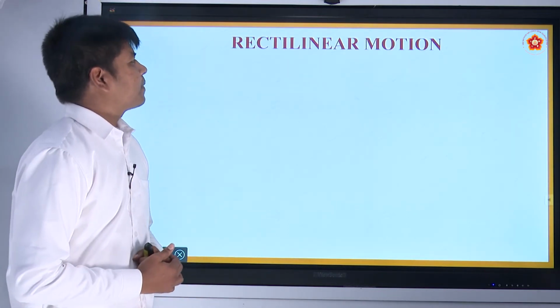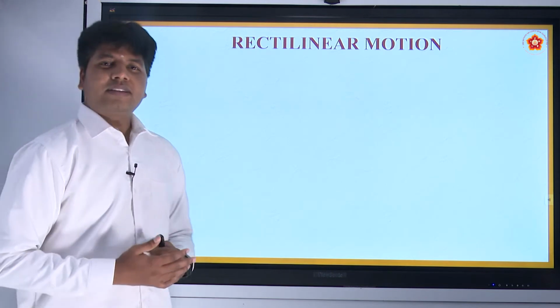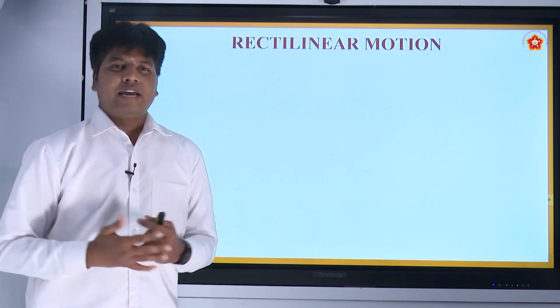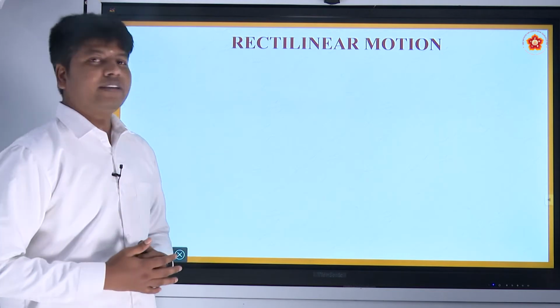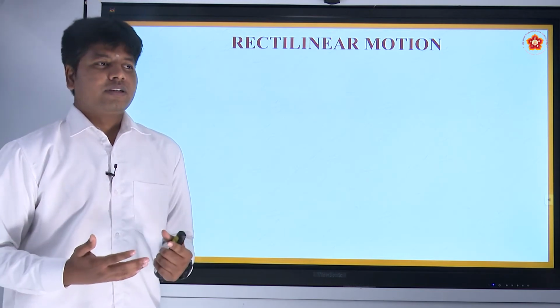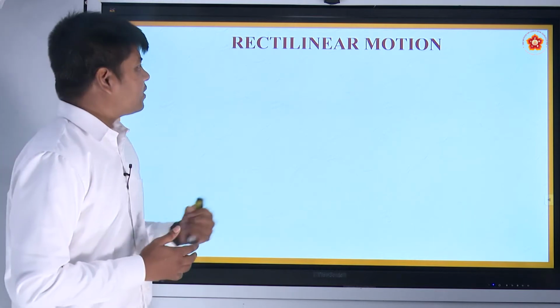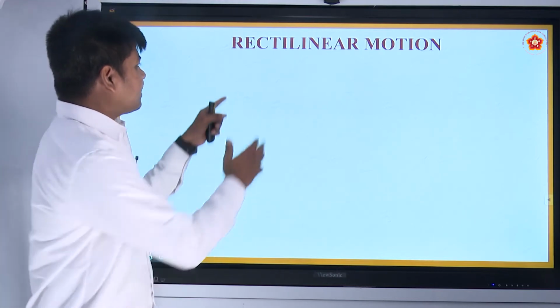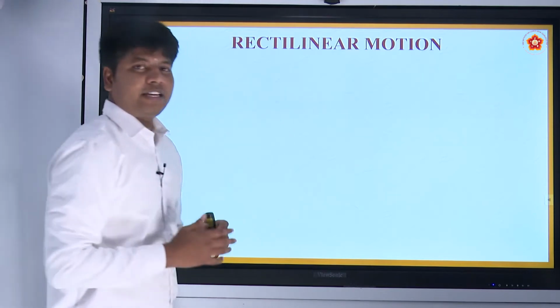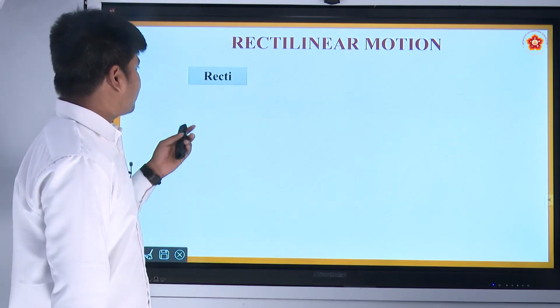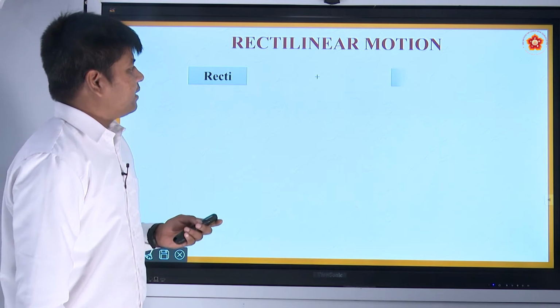Rectilinear motion. So, what is this rectilinear motion? We have not yet introduced this; we have just introduced that we will be talking about the motion in a straight line, right? Let us divide rectilinear into two parts: recti and linear.